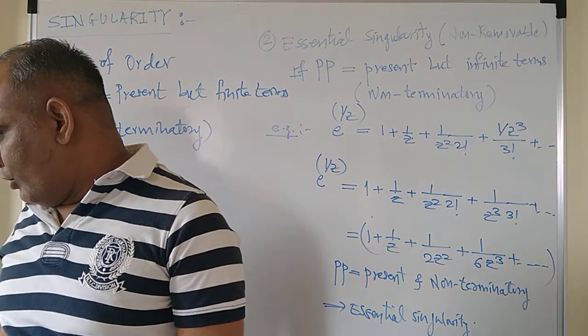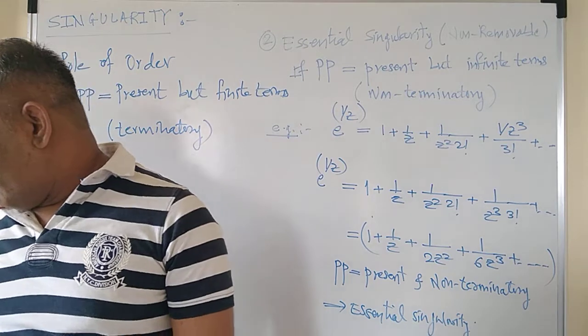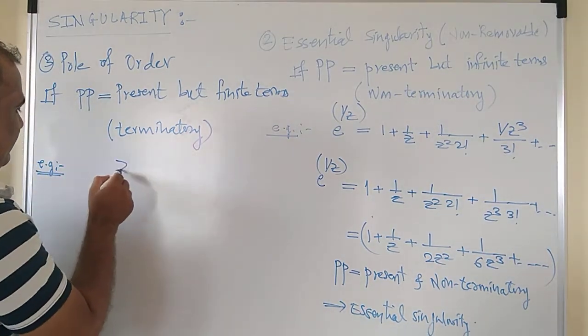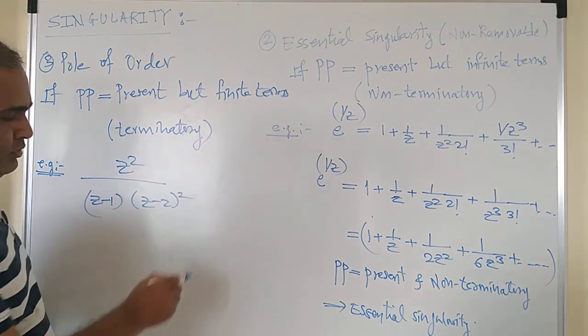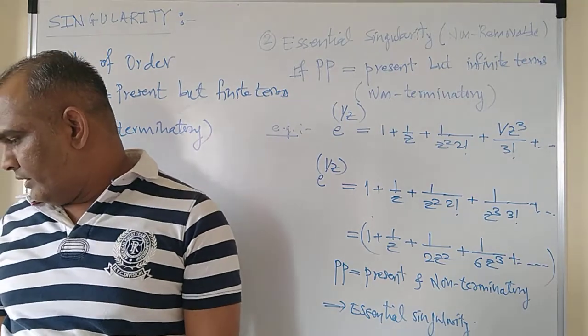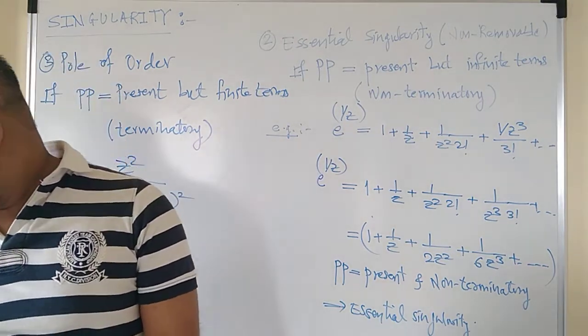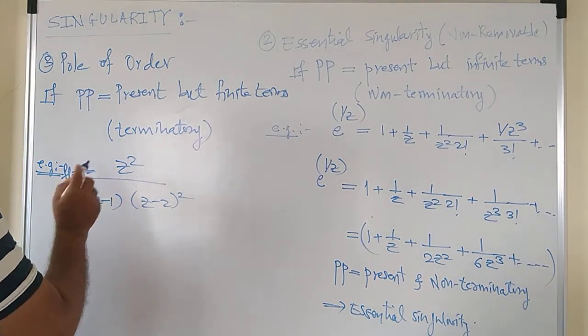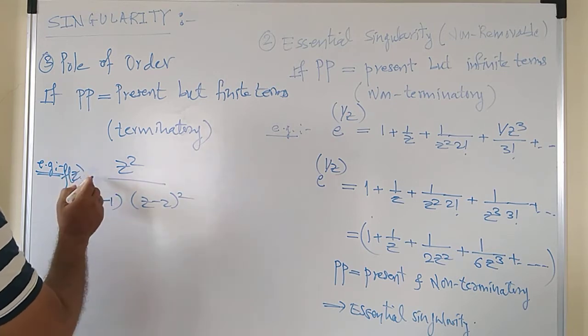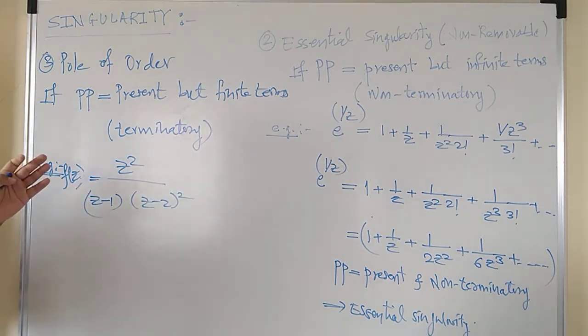The example of the pole of order is f of z is equal to z square upon (z minus 1) into (z minus 2) whole square. This is a function f of z, and this is called a pole of order. Let us solve this and find out whether it has a principal part and a finite number of terms or not.